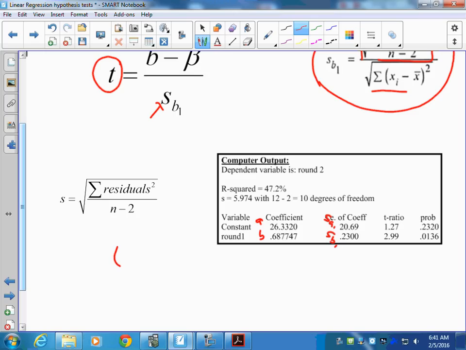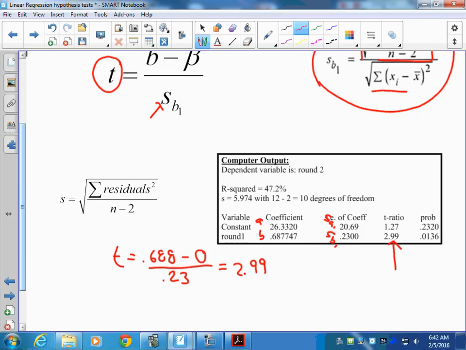Calculating our t-value, we've got our given b, 6.88, minus beta. That goes back to your null and alternative value like any other hypothesis test, divided by the standard error of b. So we run that through the calculator and we get 2.99, which is nice.